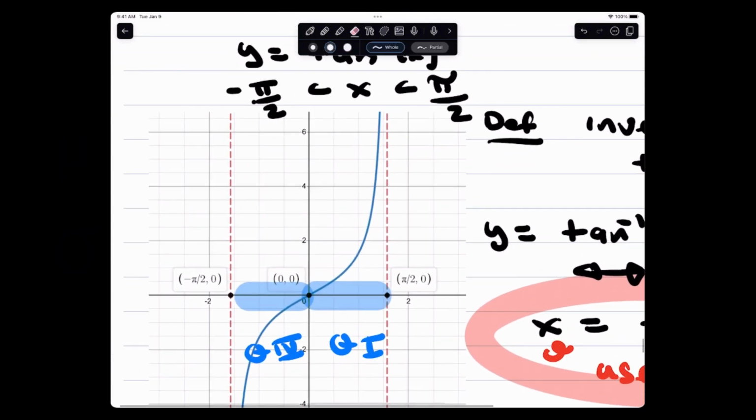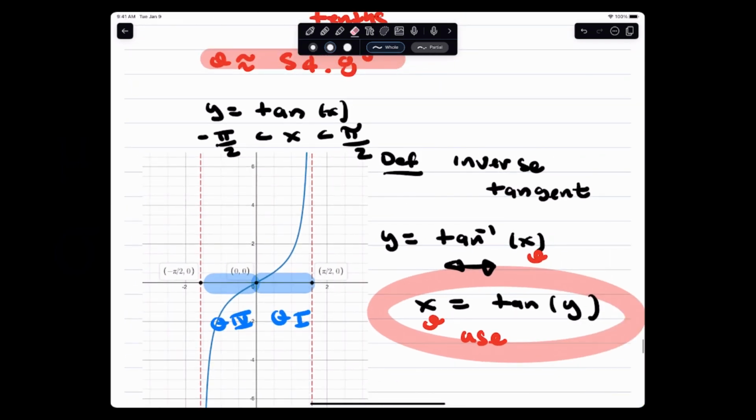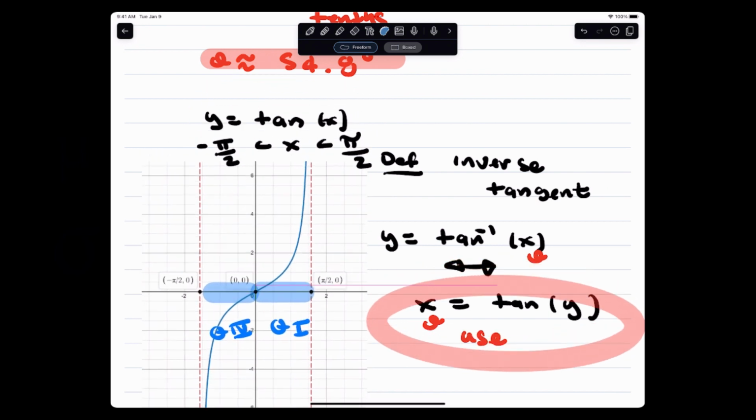You guys are looking at what I'm saying right here. And your y values are all real numbers, negative infinity. So this is for your tangent curve.